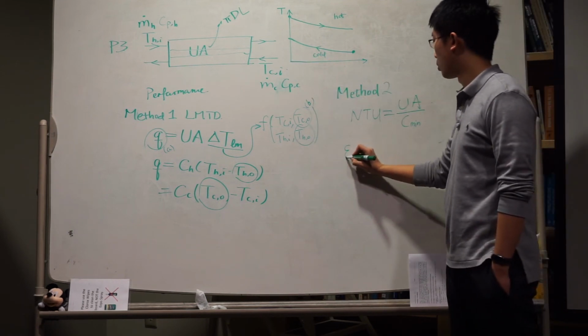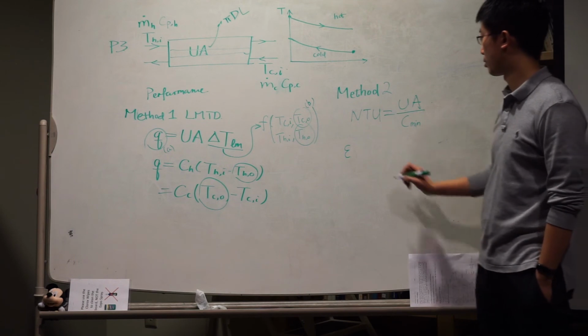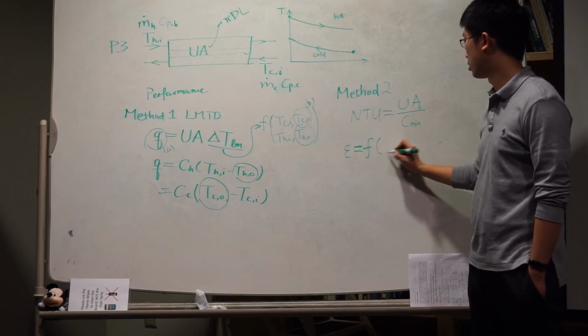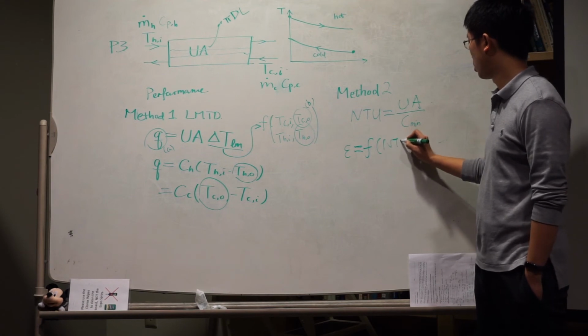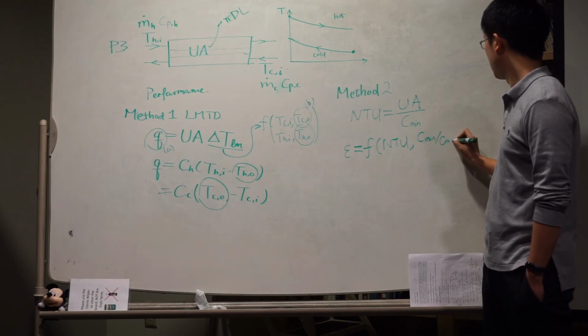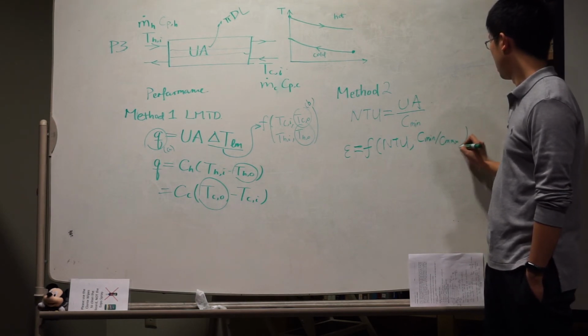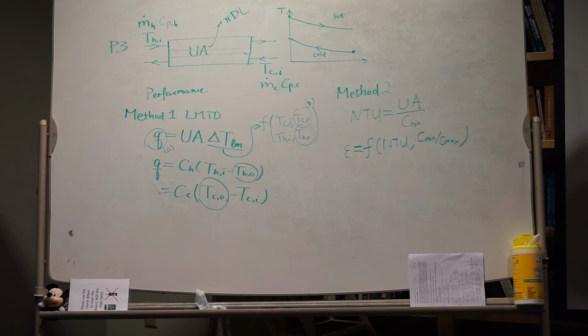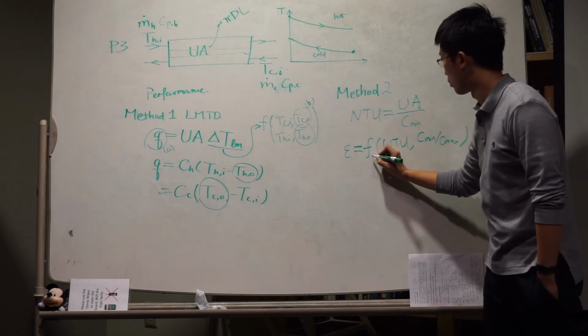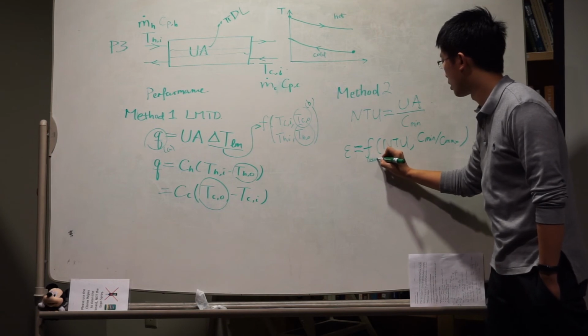And then we go to the table in the textbook. We find the effectiveness is a function of the NTU, also the ratio of the heat capacity rates. And for this function we have to find the case for the counterflow.